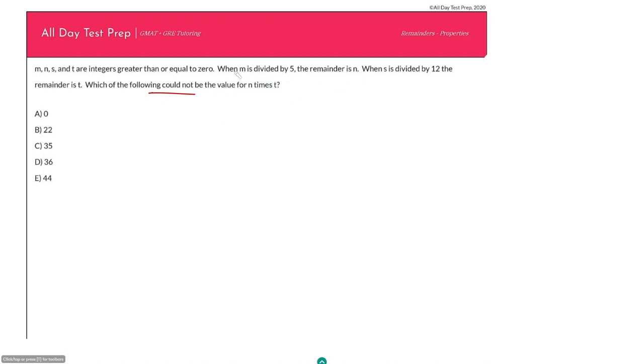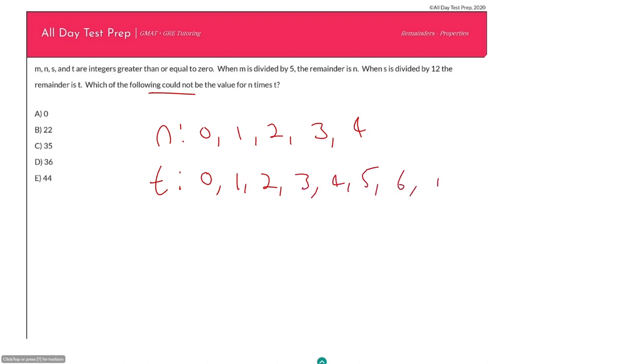I know if we're dividing M by 5, then N, the remainder, can only be 0, 1, 2, 3, 4. And likewise, if we're dividing this number S by 12, then your remainder T, and we'll write out all of the possibilities here, can only be 0, 1, 2, 3, 4, 5, 6, 7, 8, 9, 10, 11.